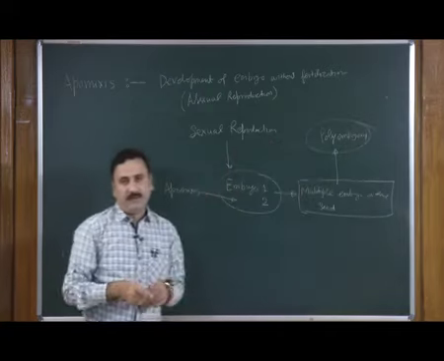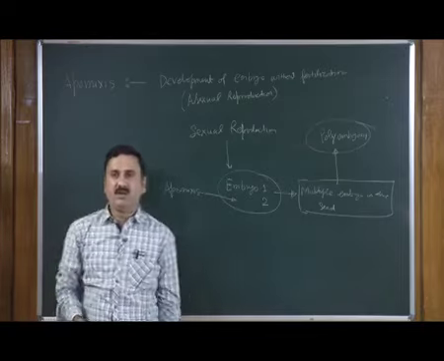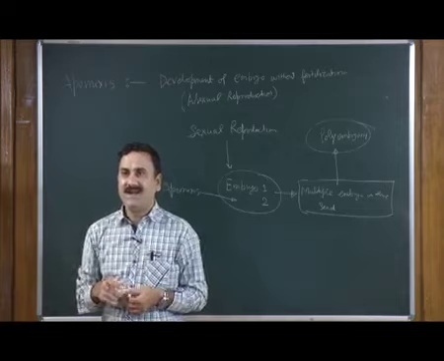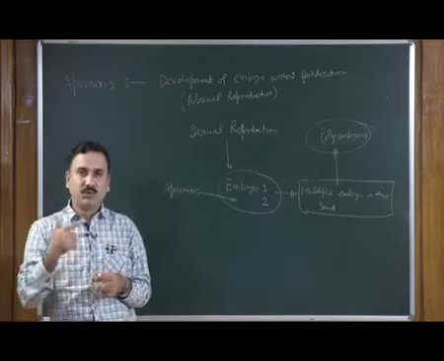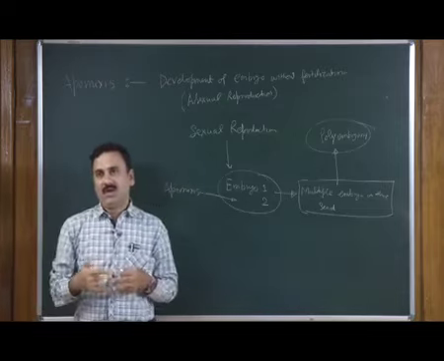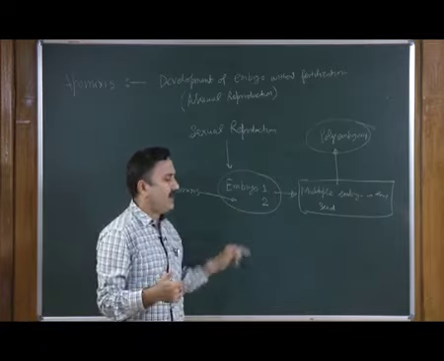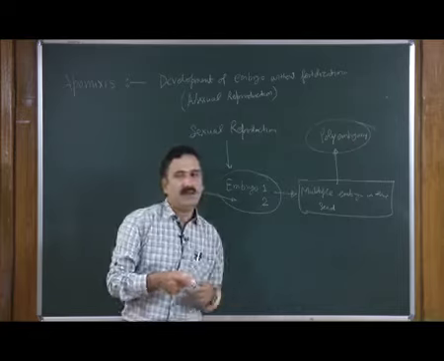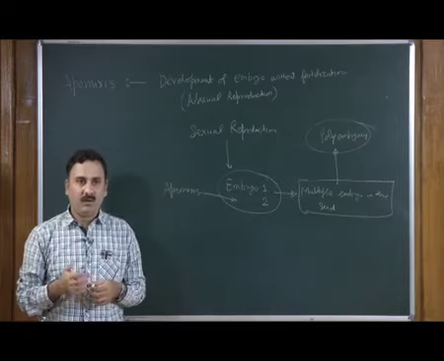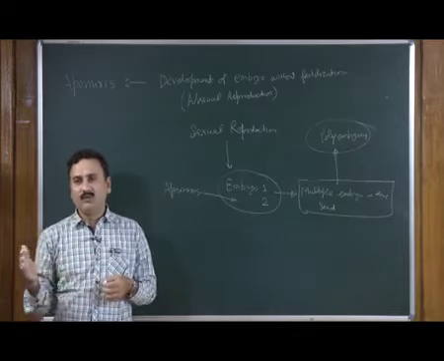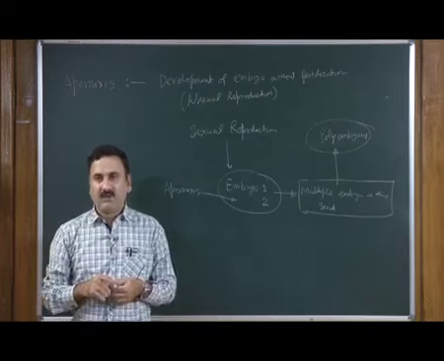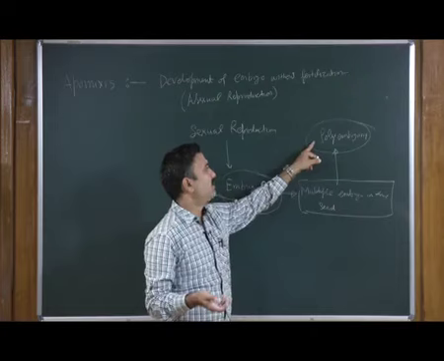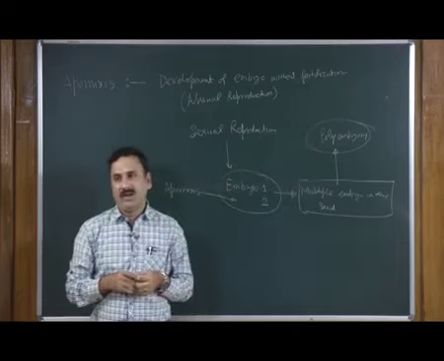So, polyembryony happens because the plants are going for apomixis and also through the usual mode of sexual reproduction. In that case multiple embryos are developed within the seed or within the growing ovule, and that results in a strange condition known as polyembryony.